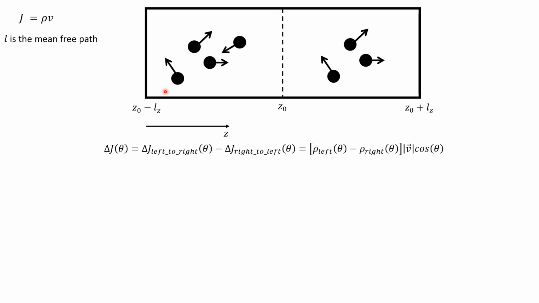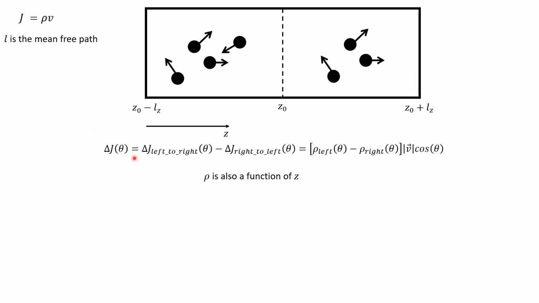And if you're assuming 45 degrees, then the distance it will propagate in the horizontal would be L times the cosine of 45 degrees. So that's why we need the projection of the mean free path onto the horizontal axis to set the maximum distance or the length of the box within which there is no collision.